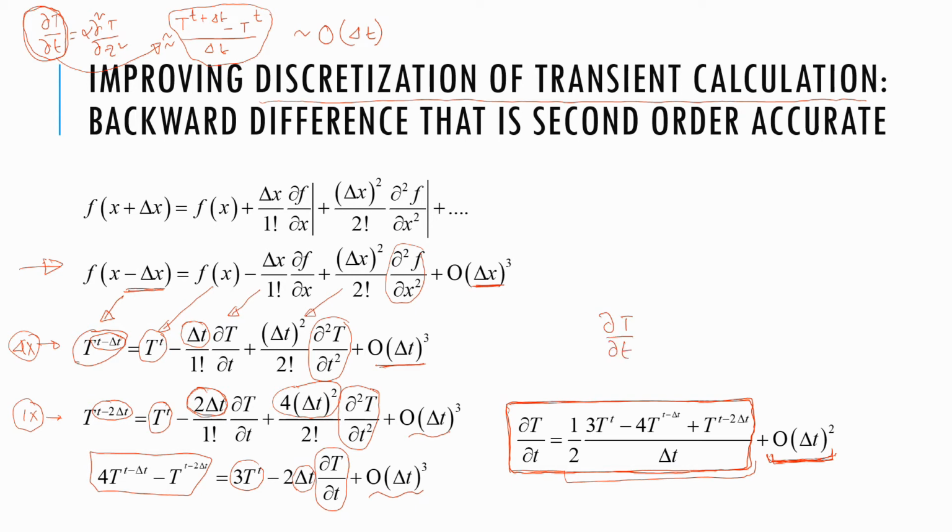That is, I'm rewriting this, approximately T at t plus delta t minus T at t, over delta t. This is first order accurate, so this one is generally better. So this is one way we can improve the accuracy.